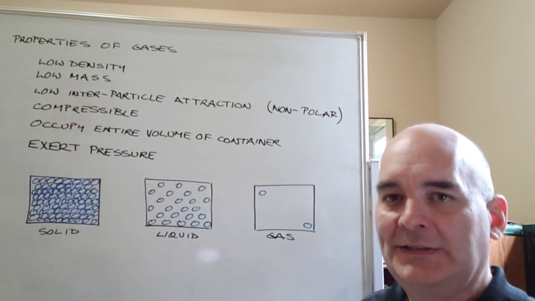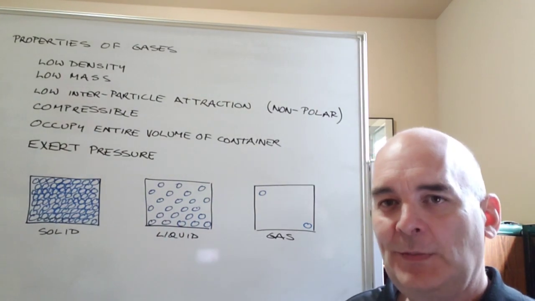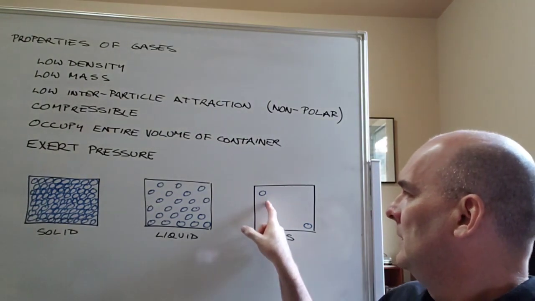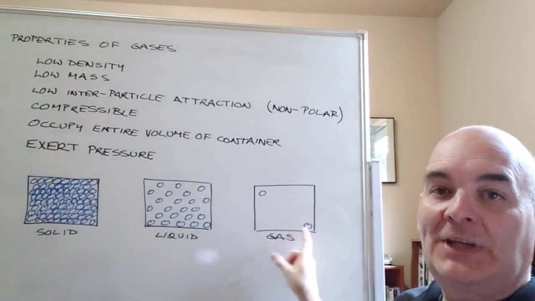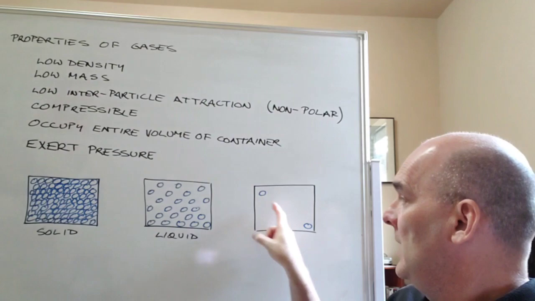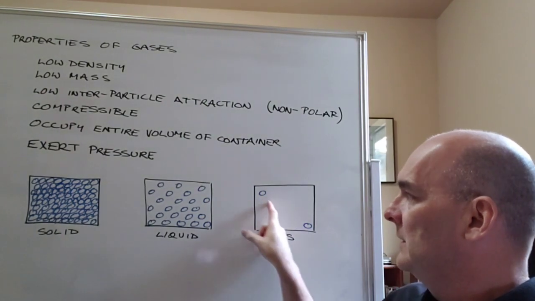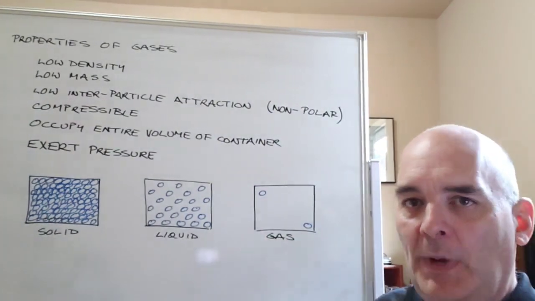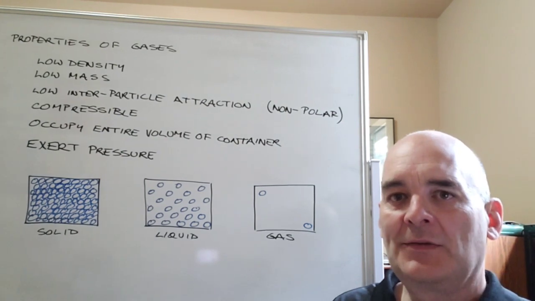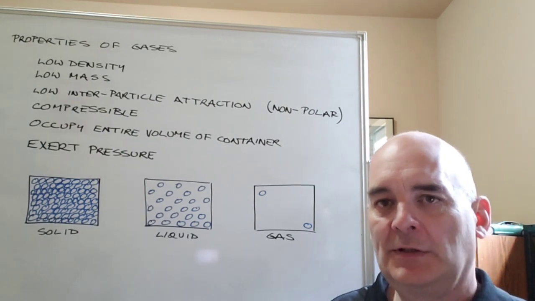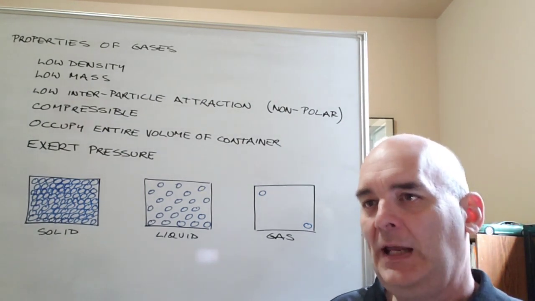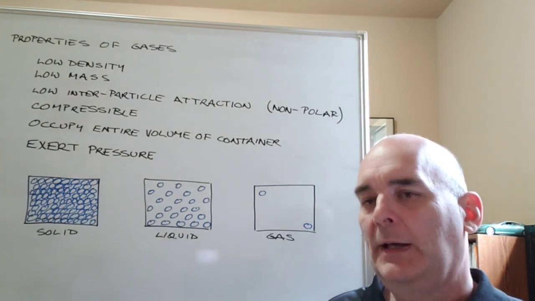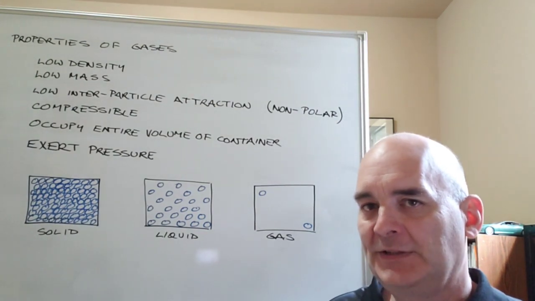I have lower density. By the time we get to be a gas, there is almost no mass at all in this volume, and the interparticle distance is much, much larger than the size of the particles themselves. That's a real point of recognition for gases.